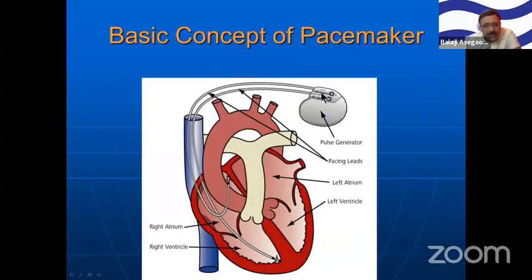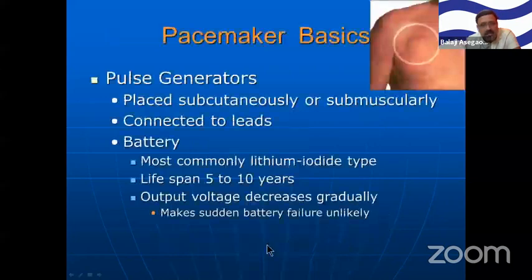Now, as I already stated, this is the pulse generator. These are the wires and these are the electrodes. And this is how it is placed, subcutaneously, invariably in a place below the skin or below the muscle. It is connected to the leads.